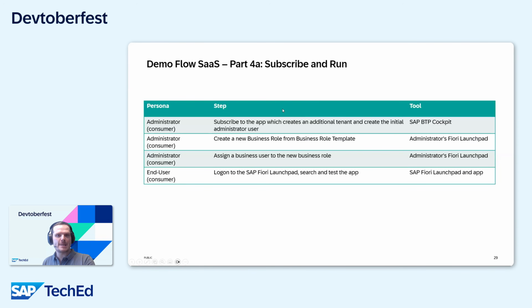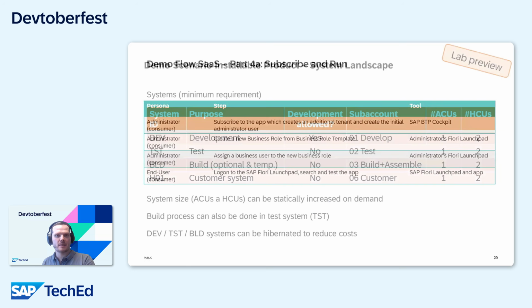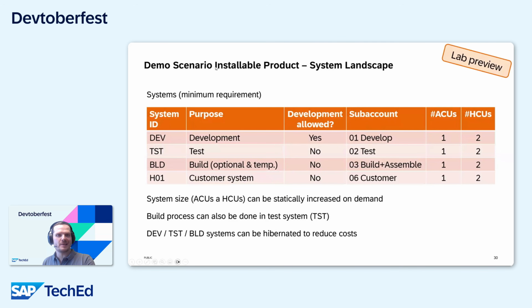And now let's go ahead with the installable product. From an infrastructure perspective, there aren't big changes, so you still need a build system because, as already mentioned, the development, test, and product build phase remains the same.